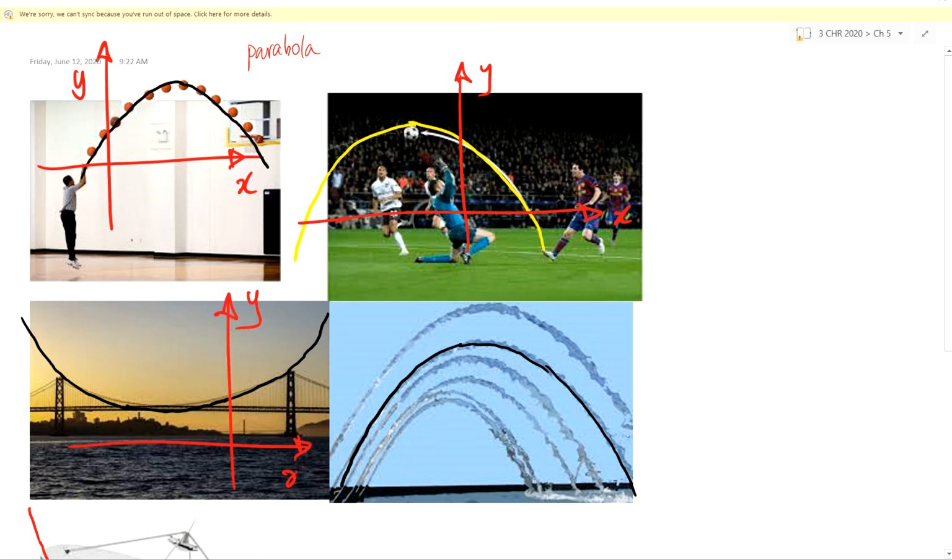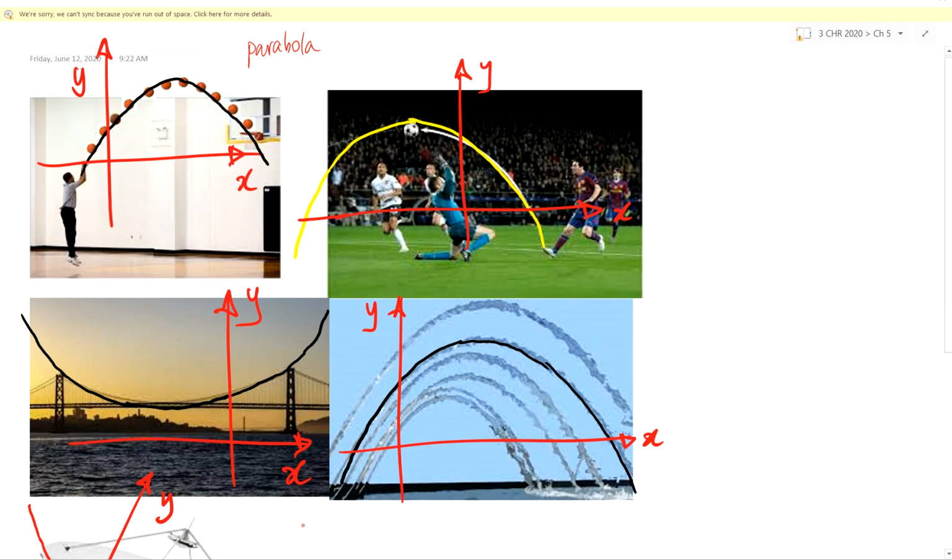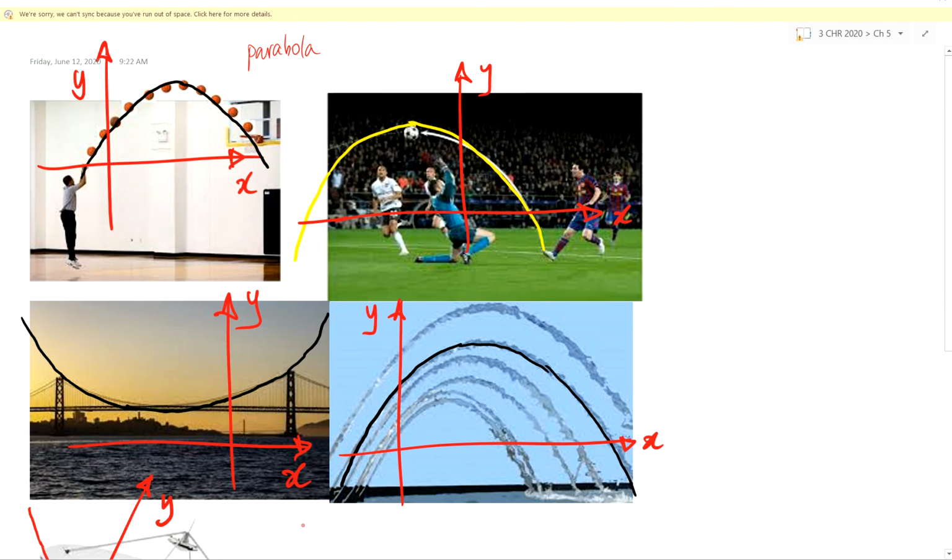I'm just randomly drawing positions of the x and y axis. And for the last one, I'm going to tilt it a little. Y and the x-axis. Okay, now in all of these parabolas, what are some common properties?